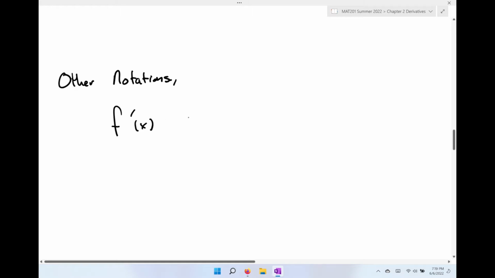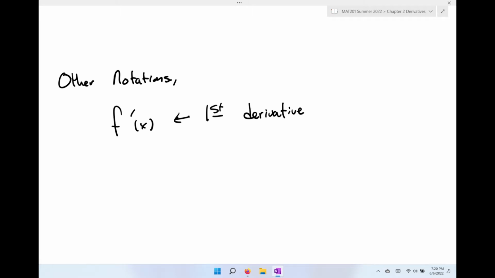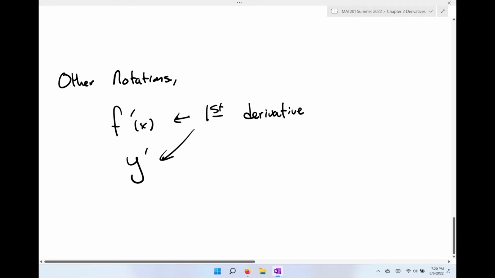This stands for the first derivative. If you had a function and took its derivative, it would equal f prime of x. Another way to write this would be y prime. That also is the first derivative. Now, another mathematician at the time, Leibniz, came out with his own notation as well.